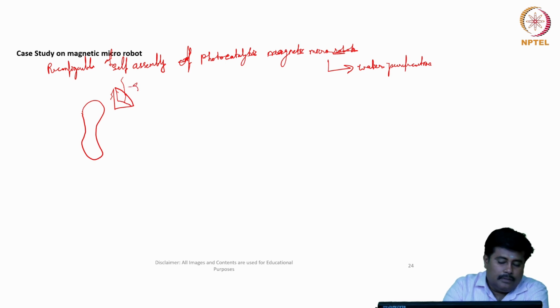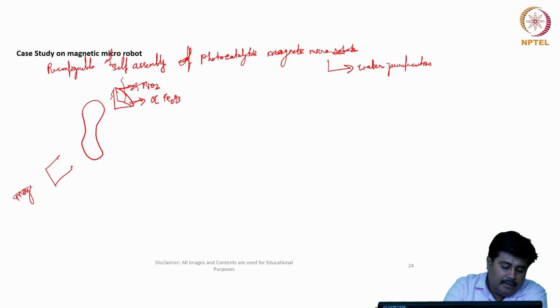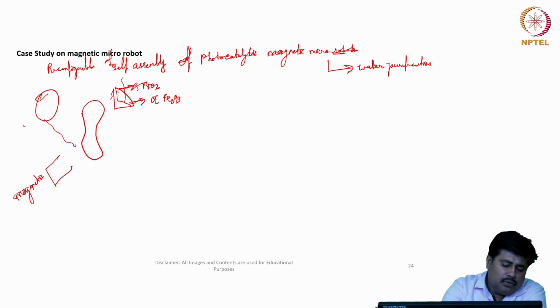This core-shell arrangement comprises TiO2 and alpha-Fe2O3. This lobe structure is controlled by two different media. One is a magnetic field, and the other, since it is photocatalytic, is driven through light.